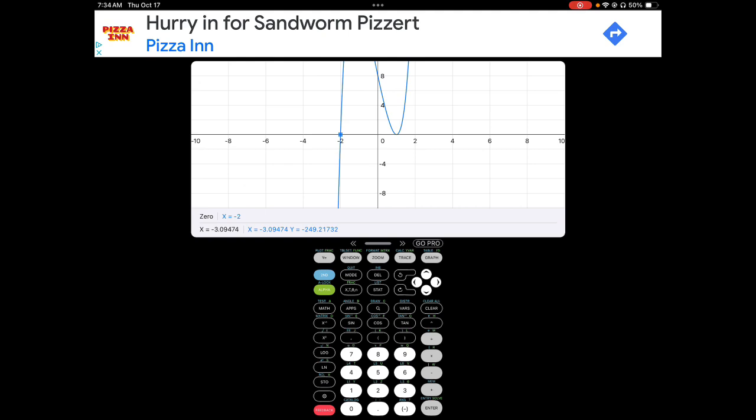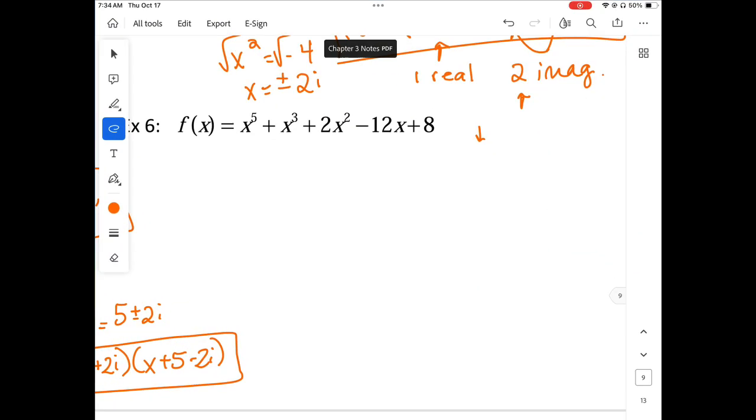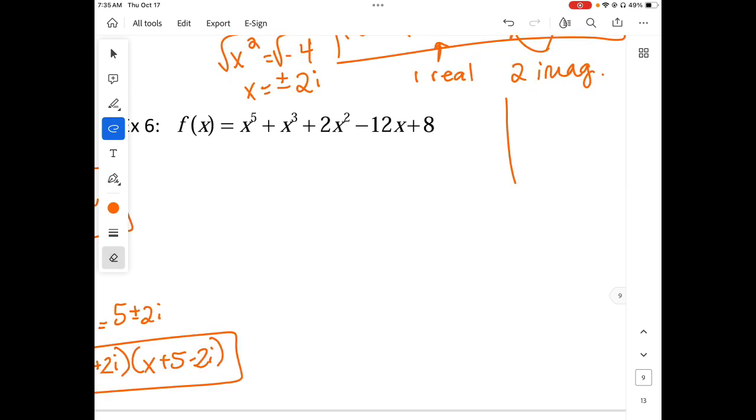All right, so looks like we have -2, and then there's a double root at 1. So I'm going to start with -2. It's going to be like this, -2 and 1. So it's like this, something like that.